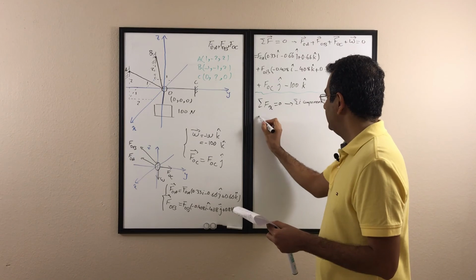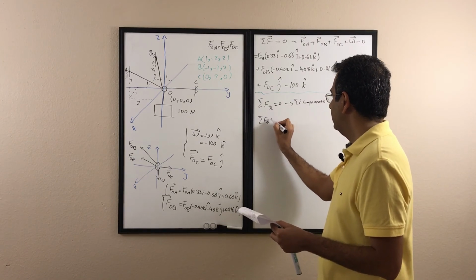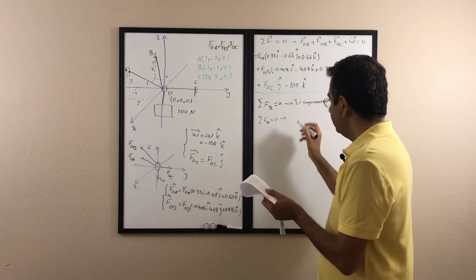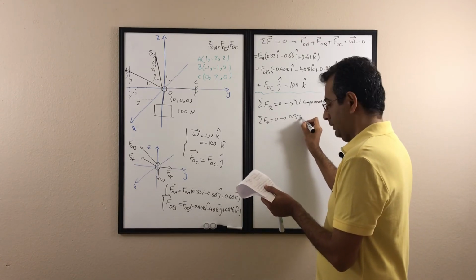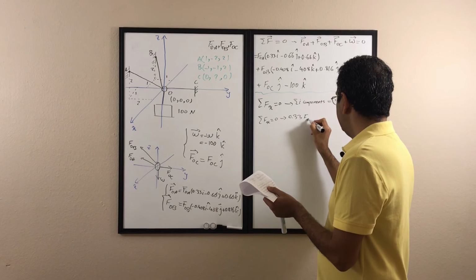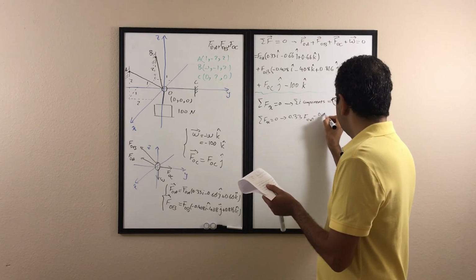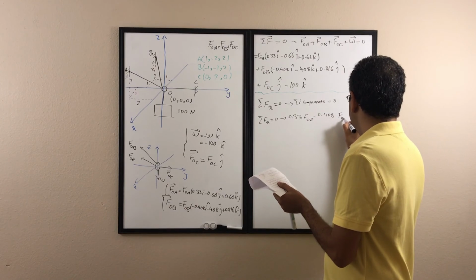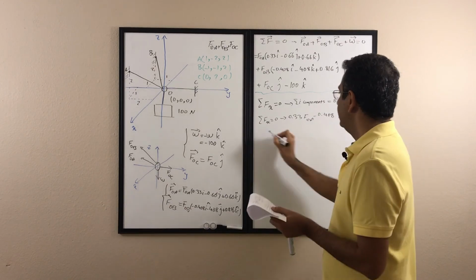So sigma Fx is 0, meaning 0.33 FOA minus 0.48 FOB is 0.